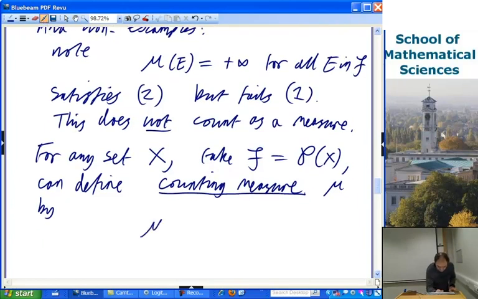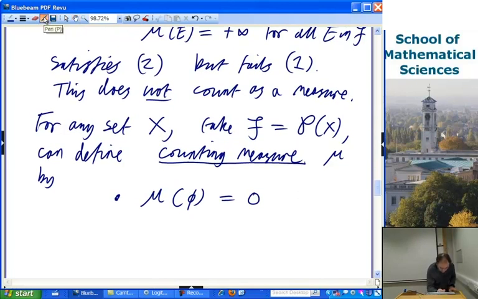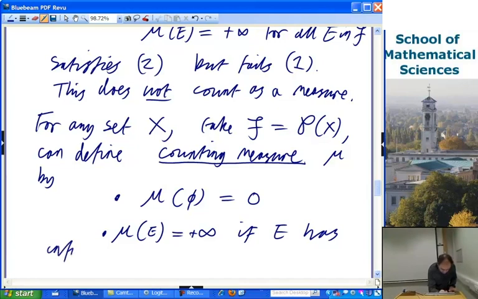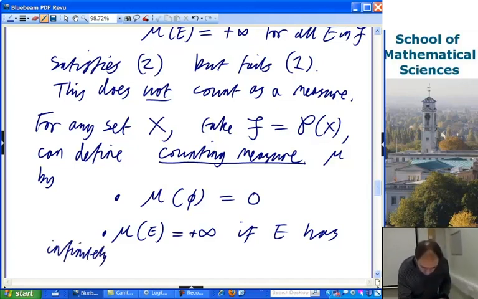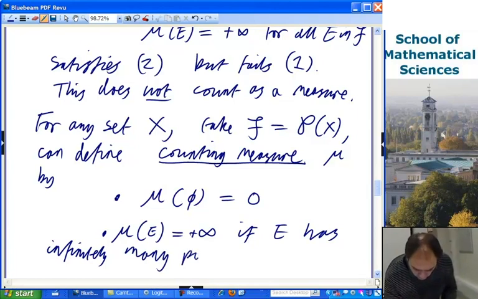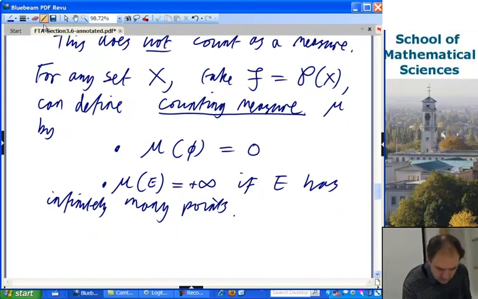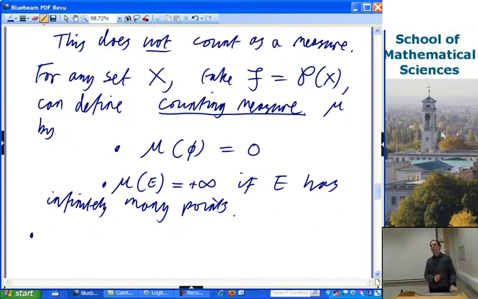There's a little bit of redundancy in this one. Mu of the empty set should be 0. You need that. Mu of E equals infinity if E has infinitely many points. And otherwise, mu of E is the number of points in it.